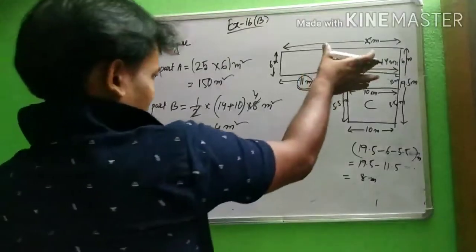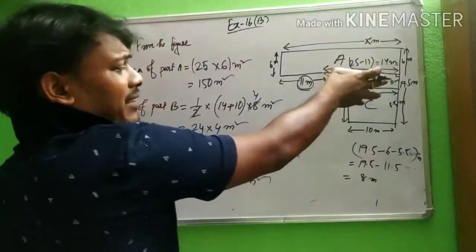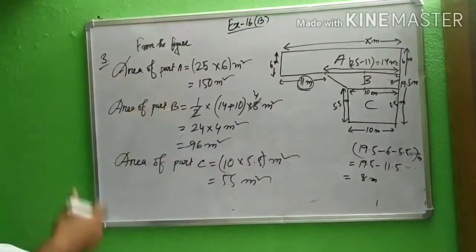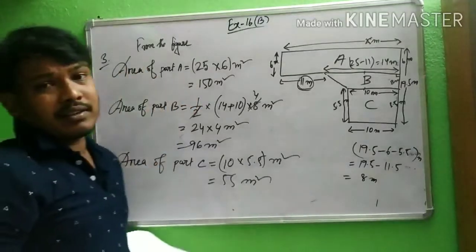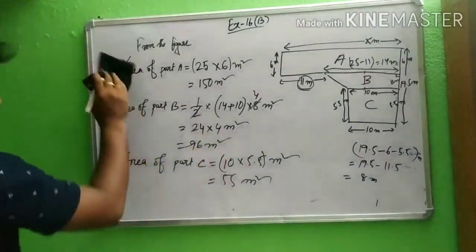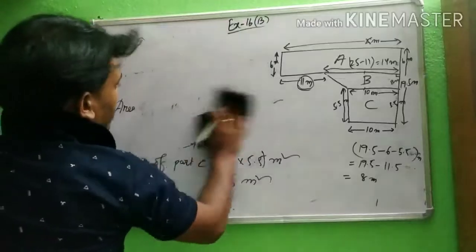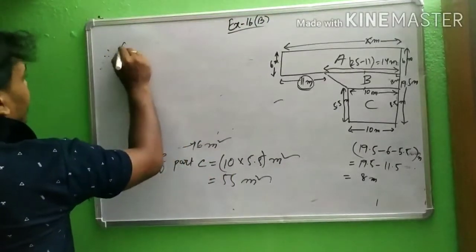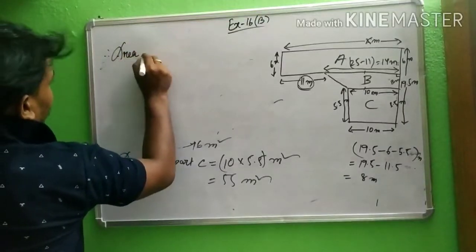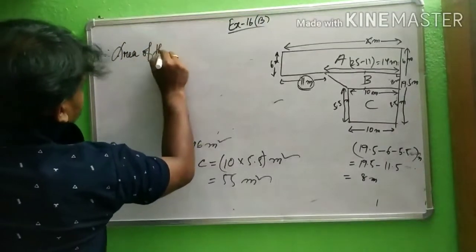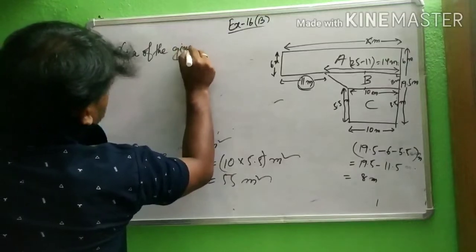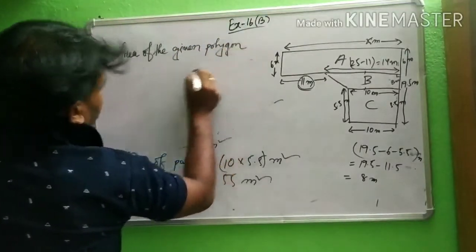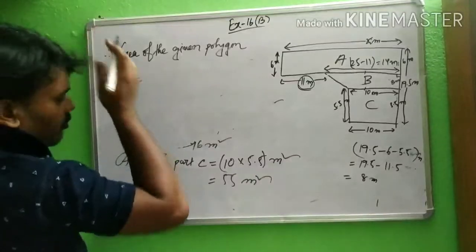So if we add the area of part A, part B and part C, then we get the required area of the given figure. Therefore, area of the given polygon equals, oh, I forgot the value.